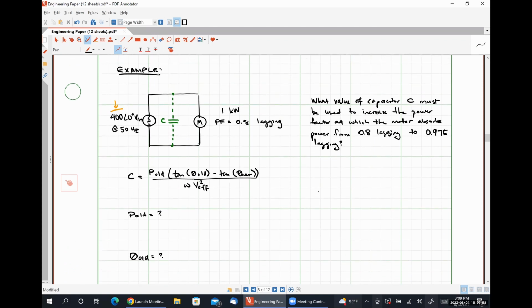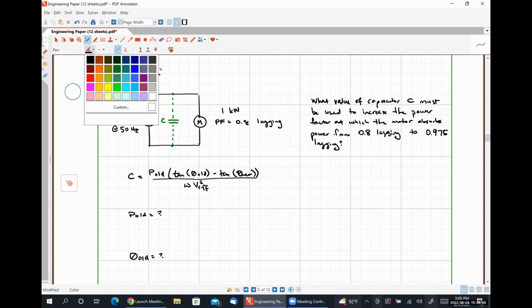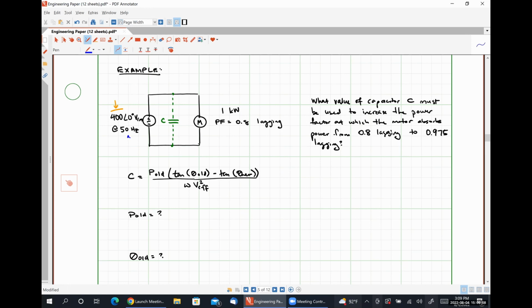The next easiest thing for us to determine is omega. Right here is our linear frequency f, which is simply omega over 2 pi.